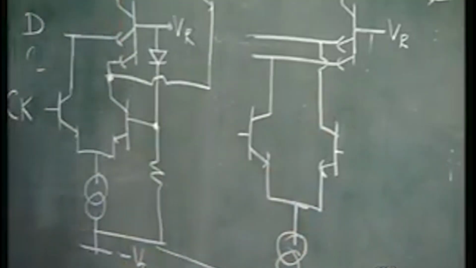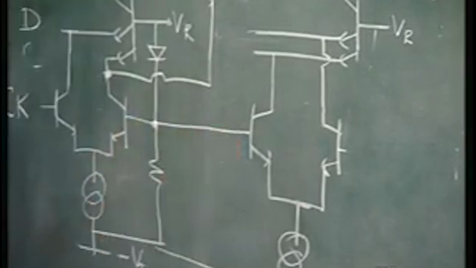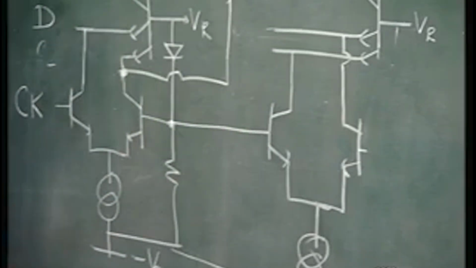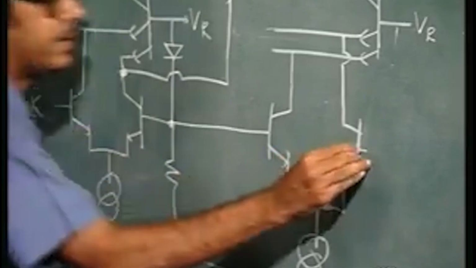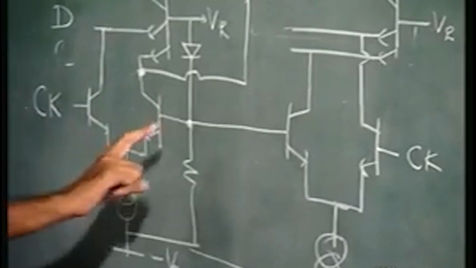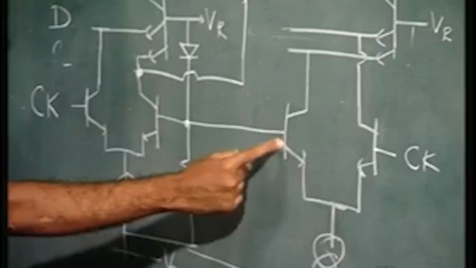This VR should be fed here, and the clock should come here, the same clock. So basically I have inverted the position of the clock and VR. So this VR comes here, and the clock.